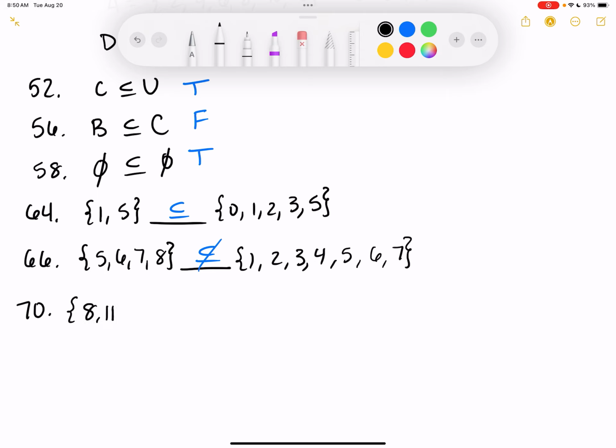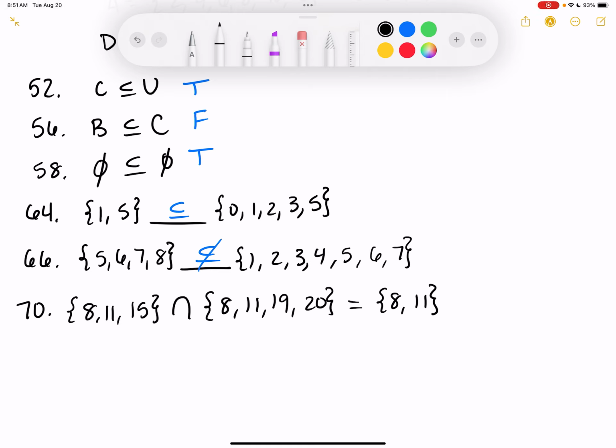The set 8, 11, 15 is intersected with the set 8, 11, 19, and 20. And they tell us that when they solve that out, it's equal to the set of 8 and 11.